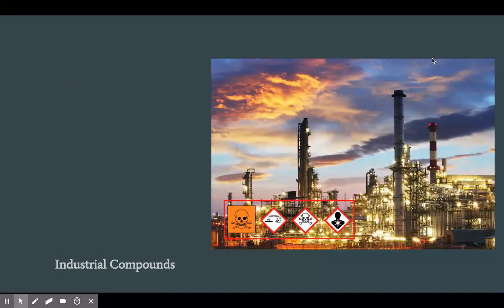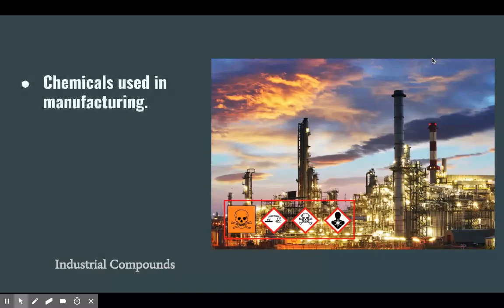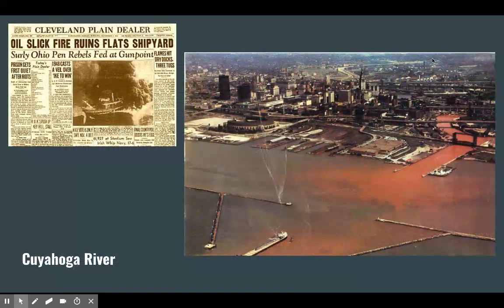And lastly, we're going to finish off with industrial compounds. These are just chemicals used in manufacturing. Unfortunately, it used to be common for manufacturers in the U.S. to dispose of industrial compounds directly into bodies of water. And we saw the result of this with the Cuyahoga River, which is outside of Cleveland and flows into Lake Erie.